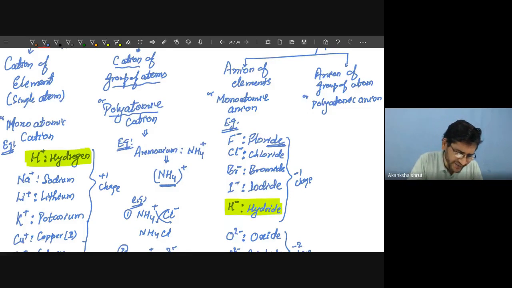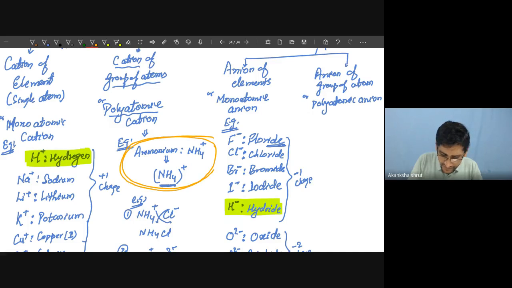Like ammonia that we have learned forming ammonium. Similarly, a group of atoms can also carry negative charge. Like -1, -2, -3, that way we can classify these polyatomic anions.